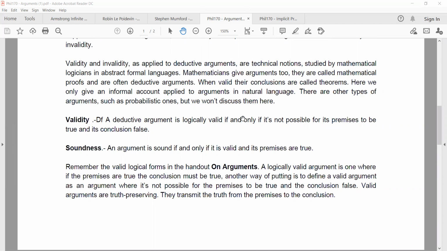So what's validity? Validity is simply the property an argument has whenever it's not possible for the premises to be true and the conclusion false. So this is a property only of deductive arguments. Arguments that are not deductive, for example probabilistic arguments, cannot be said to be either valid or invalid.